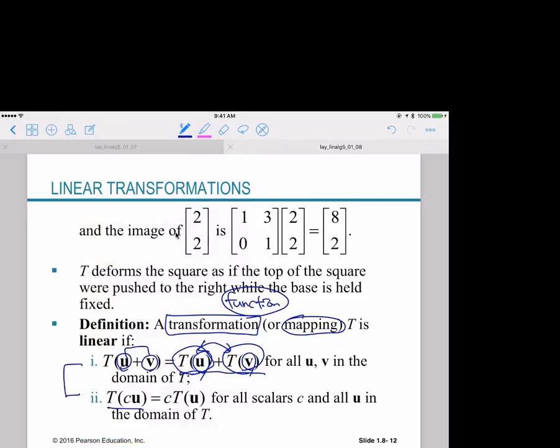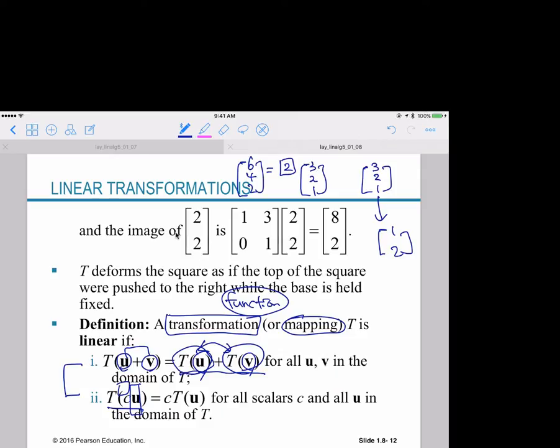The next condition: we are given some input vector u and consider its scalar multiple. If we are given 3, 2, 1 as an input vector and the output was 1, 2, and we multiply this vector by 2, the vector is 6, 4, 2.